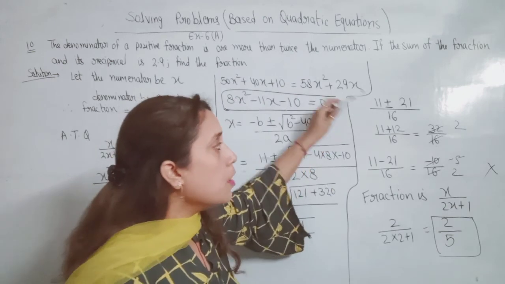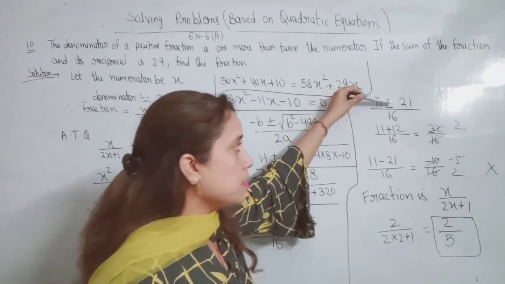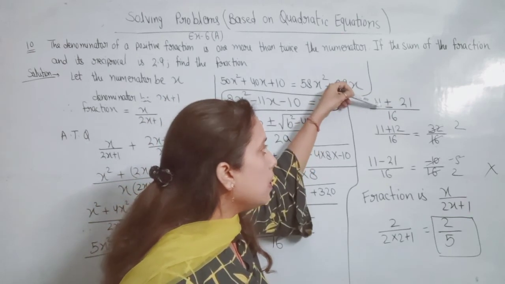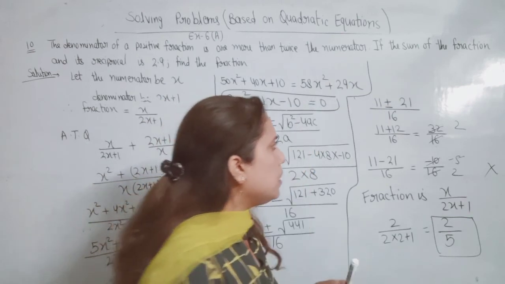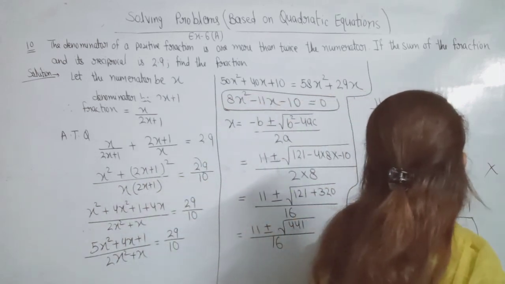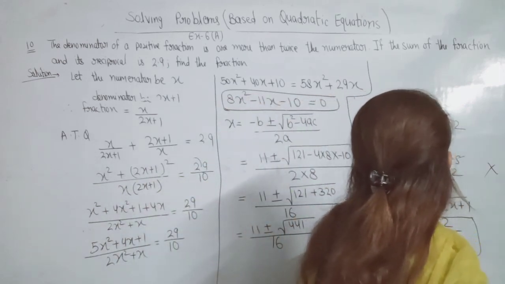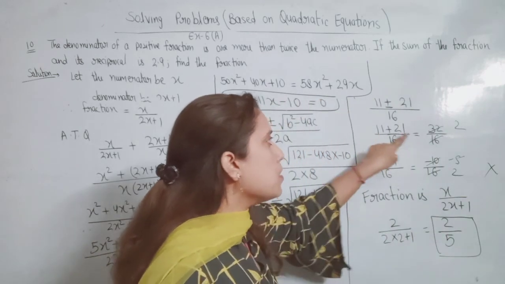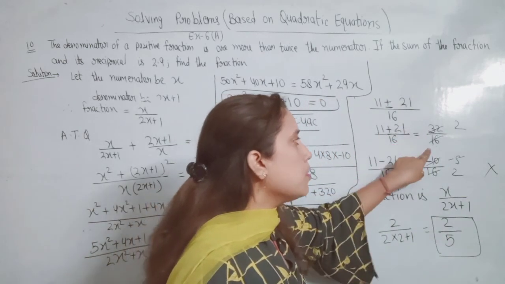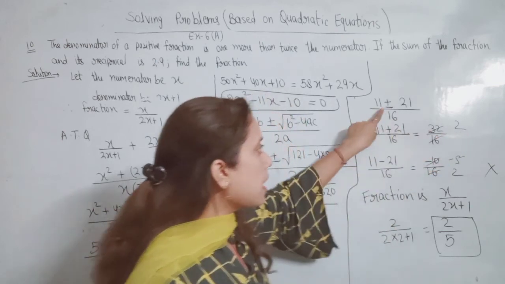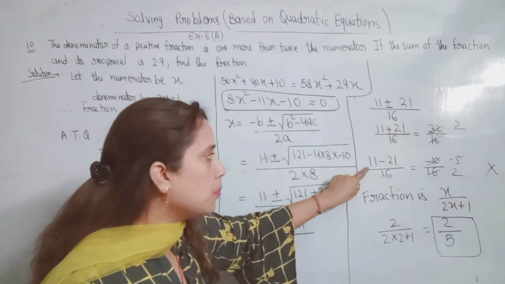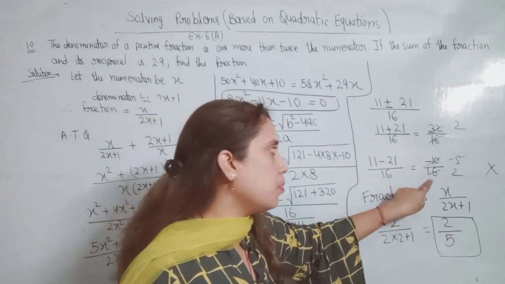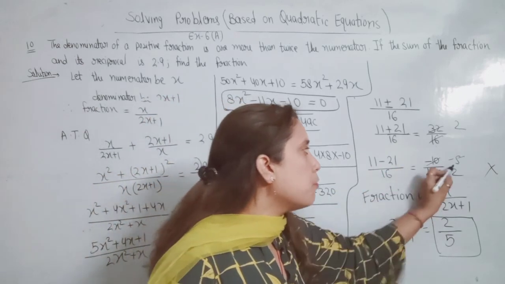First we take the positive sign, so 11 plus 21 upon 16 is equal to 32 upon 16, 2. When we take the negative sign, 11 minus 21 upon 16 is equal to minus 10 upon 16, minus 5 by 2.